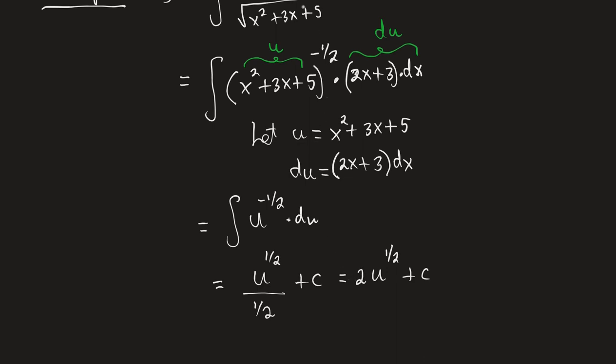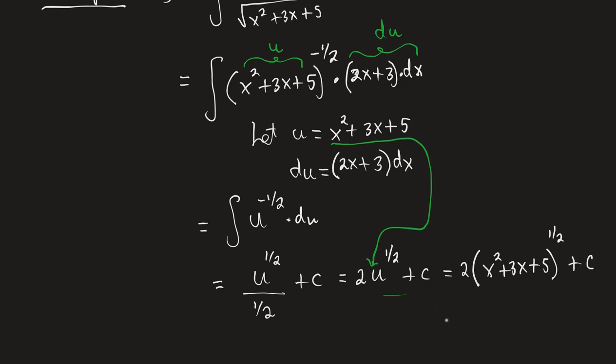The way we do that now is by reversing our substitution. Wherever there's a u in this, I can't say it's the final answer because we're not quite there, but wherever there's a u, I'm going to plug this in right there. And then I will get my final answer in terms of x. So this becomes 2 times the quantity x squared plus 3x plus 5, all to the 1/2 power, plus c.